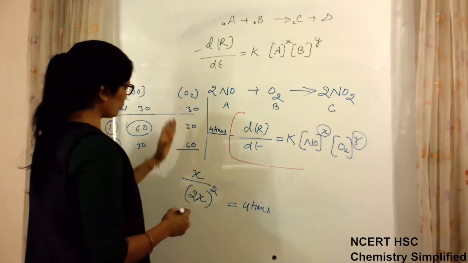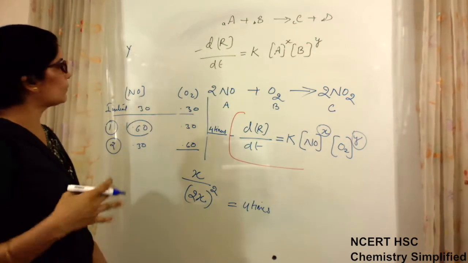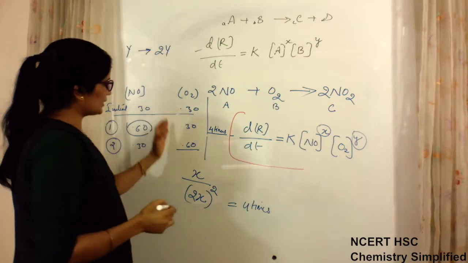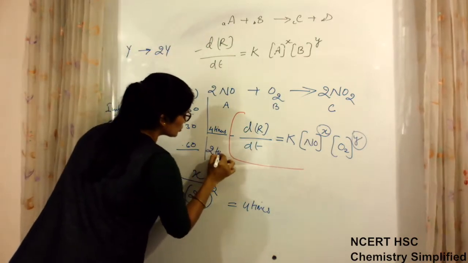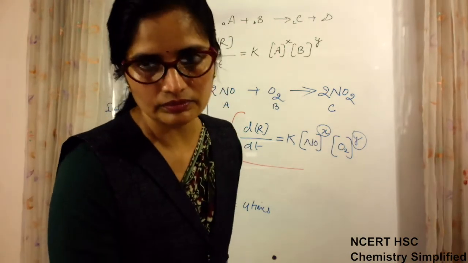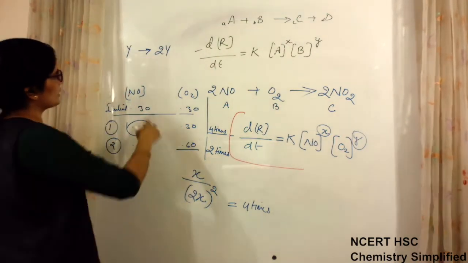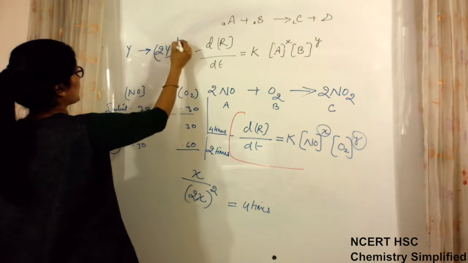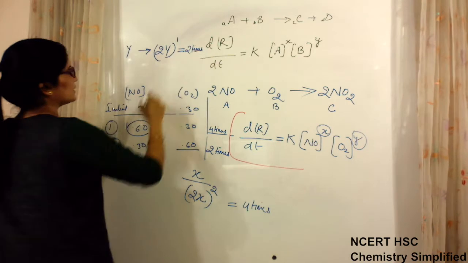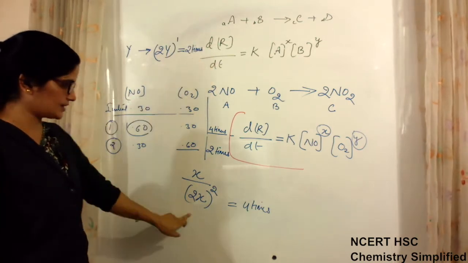When the concentration of O2 was doubled, suppose the concentration of O2 initially was Y, when it was made 2Y, that time the rate of reaction becomes 2 times, not 4 times. Then the rate of reaction becomes only 2 times. That means this 2y is raised to power only 1. Then only it will become 2 times. If it is raised to power 2, then it will become 4 times as it was here.